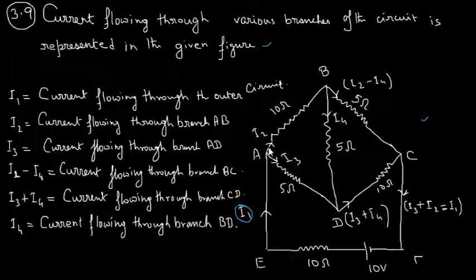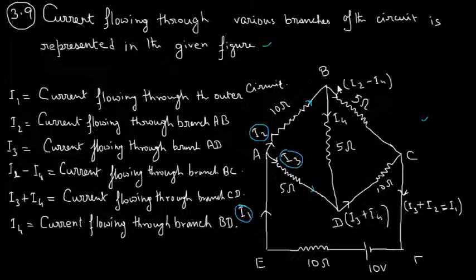I1 is divided into I2, which is moving in the branch AB, and I3, which is moving in the branch AD, this side. So that means if we add, I1 will be equal to I2 plus I3.